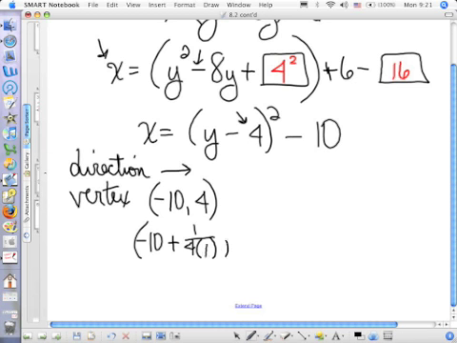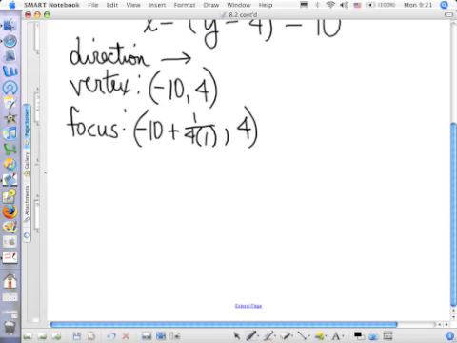And what happens to the y coordinate? It stays the same. Okay? So that's -10 plus 1/4. What's -10 plus 1/4? -9 3/4. Okay, so here's our focus.